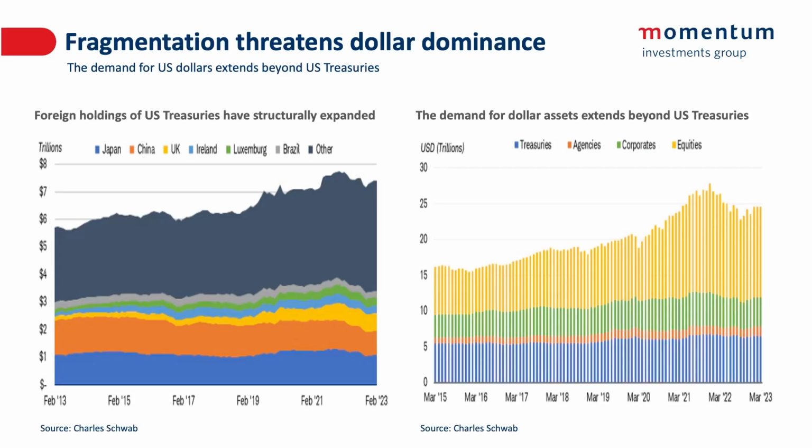Similarly, there is quite a big demand for US dollar-denominated assets. So in an environment where geopolitical risks are high, investors are still seeking out a safe haven in the form of US dollar-denominated assets. On the left-hand side, you can see there has been a structural upward trend in the foreign holdings of US treasuries by the likes of China, Japan, the UK.